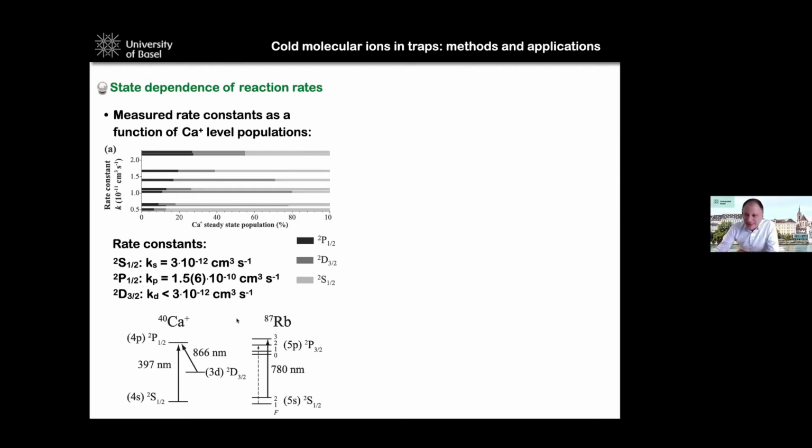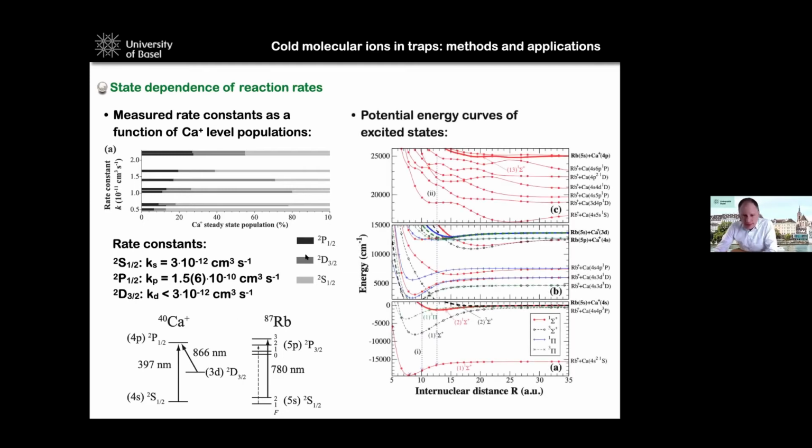Now, why is that? Why do we have such a pronounced state dependence of the rate constants of these collisions? So a qualitative explanation for this can be gleaned from a fuller potential energy diagram of this collision system.